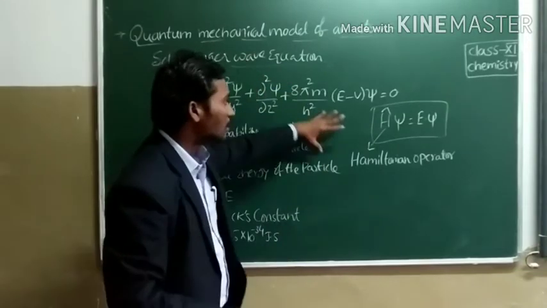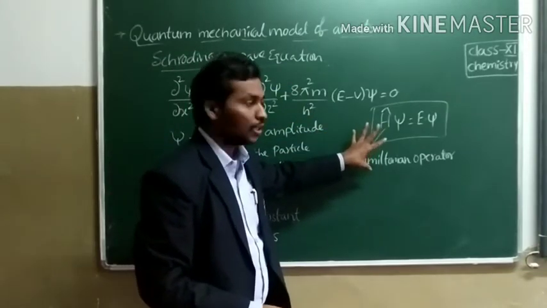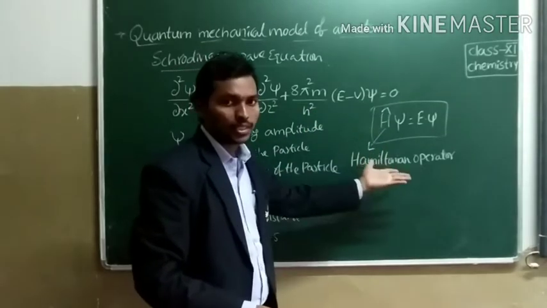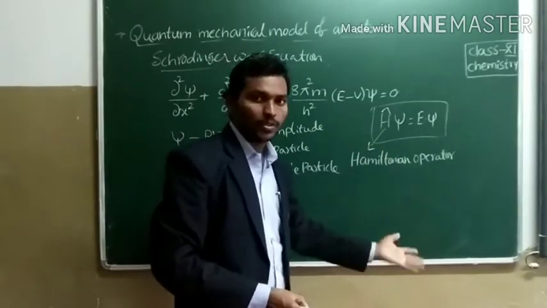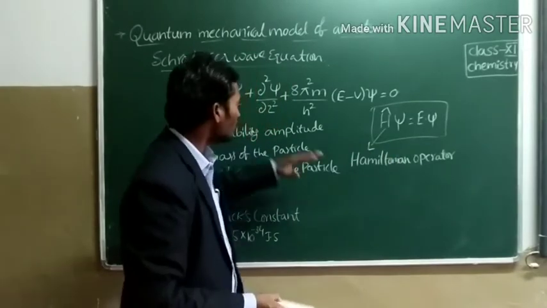When we solve this Schrödinger wave equation, it gives three constants. Those constants are called quantum numbers. We will discuss them later.